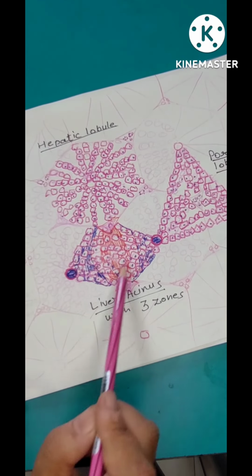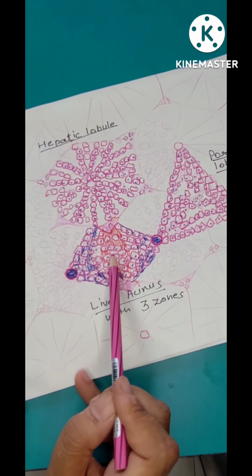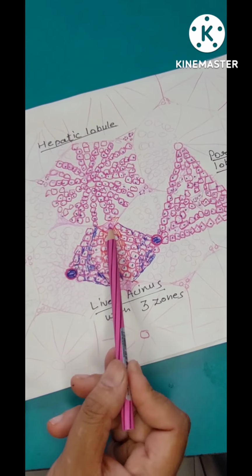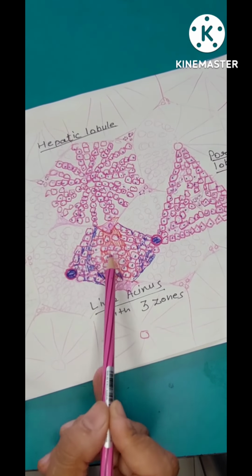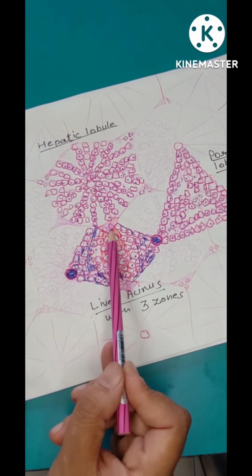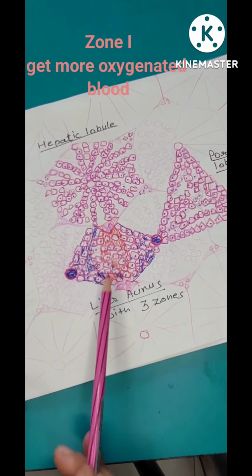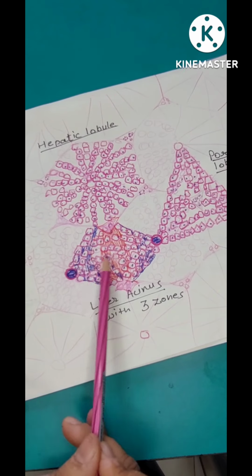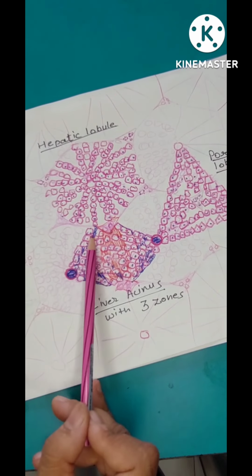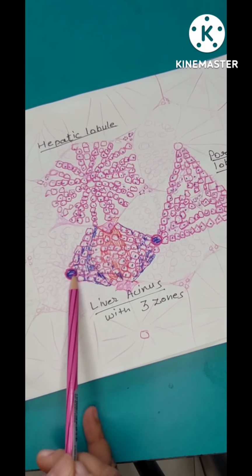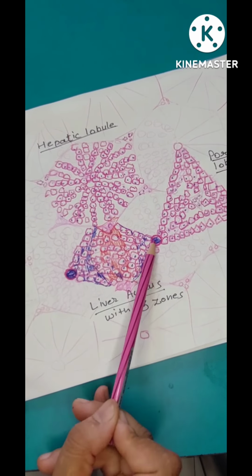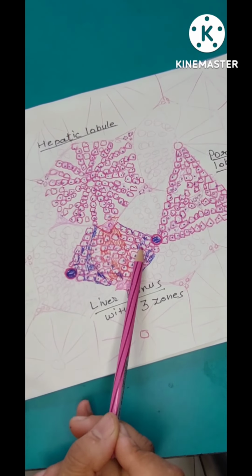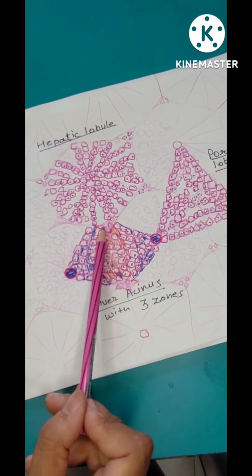It is somewhat elliptical in shape, and the zone of this liver acinus which is near this portal triad will get oxygenated blood as it contains branch of hepatic artery. So this is zone 1. Next zone to it, zone 2, and the liver parenchyma or cells which are lying close to central vein will get the least oxygen as it is away from this portal triad.